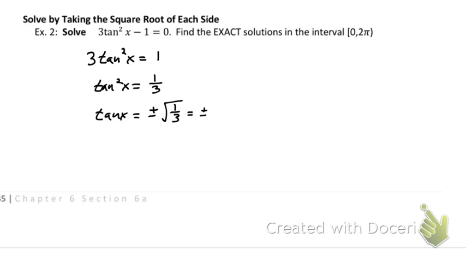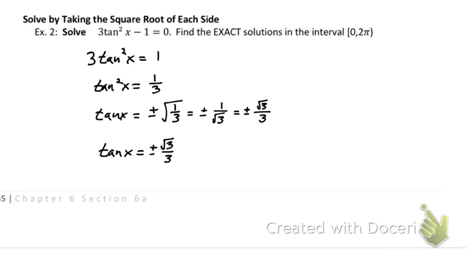So we're going to have plus or minus 1 over the square root of 3. Multiply the top and bottom by square root of 3, and we're going to end up with plus or minus square root of 3 over 3. Well, that's good because that's something on our unit circle. So we're boiling down to tangent x equals positive or negative square root of 3 over 3.